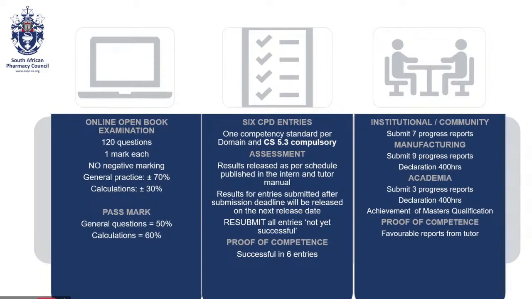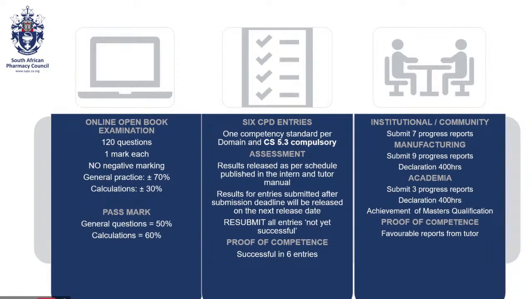And then there are also the progress reports that your tutors are expected to submit. Please familiarize yourself with those progress reports. They are provided in your manuals, and please make sure that you remind your tutors to submit on time.